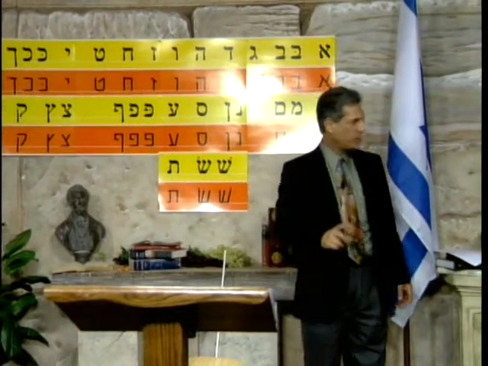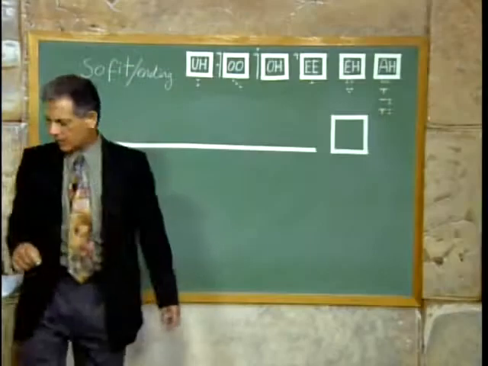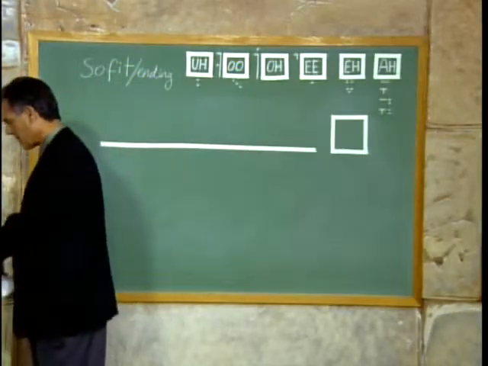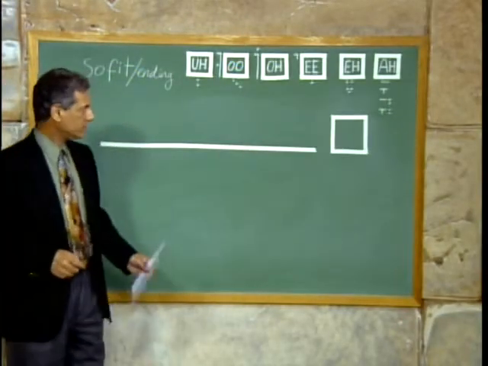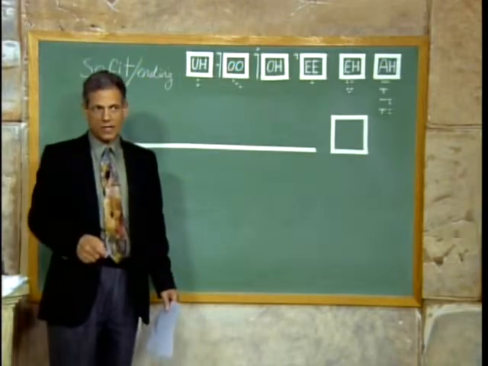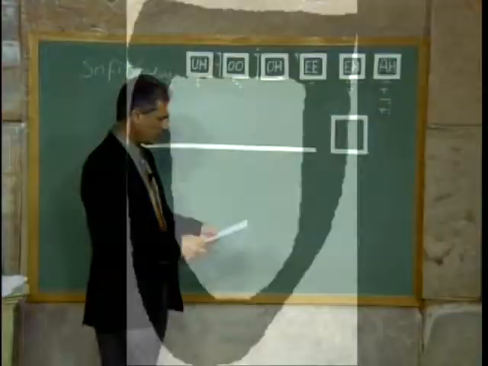Now, today, this time, we are going to continue with the letter Samech. The letter Samech has the numerical value 60, and that's how you draw the Samech. You start at the top, front to back, like you start many of the letters. Then this one is unique.